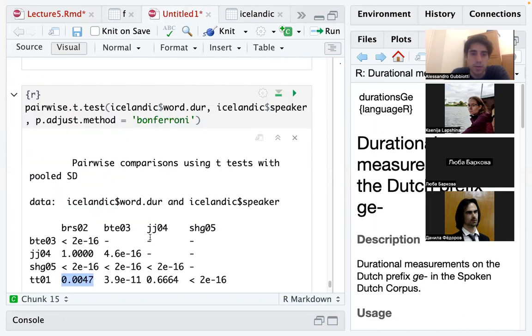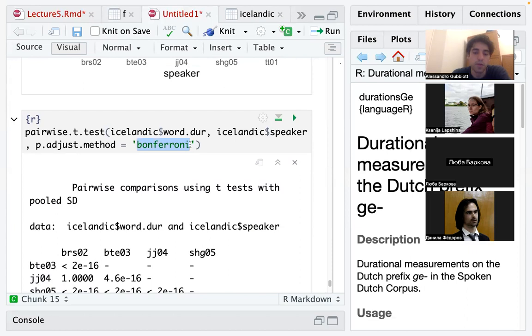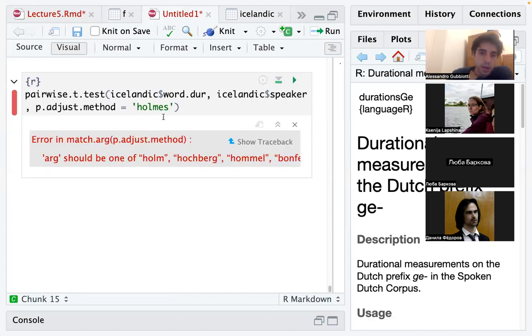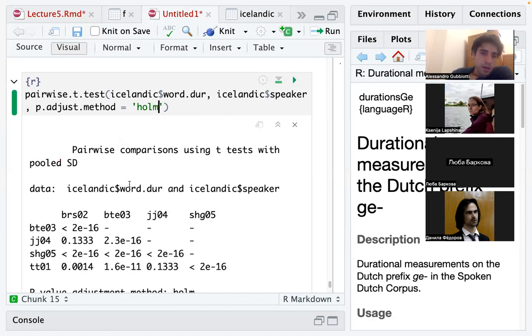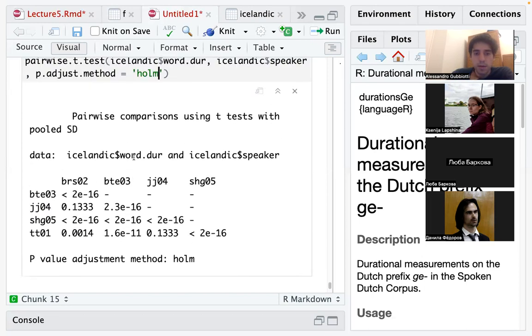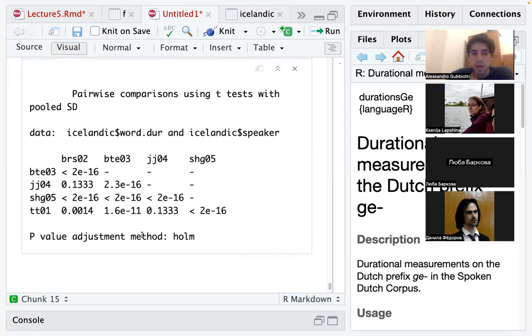There are other corrections also. Holm, which is the default one, is less conservative, so the p-values will increase less. Now they will decrease compared to Bonferroni, but they will still be bigger than in the first case, in which no correction had been made. There are many corrections you can do.